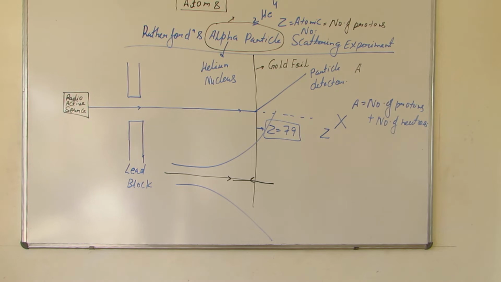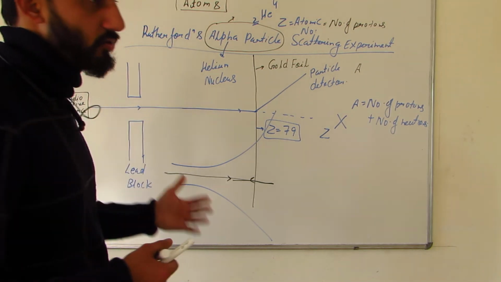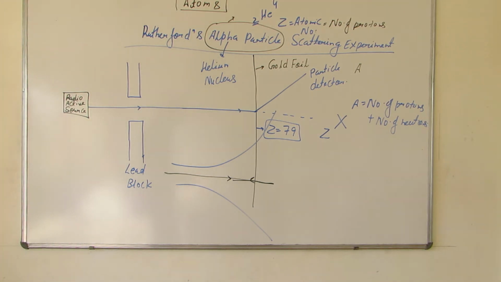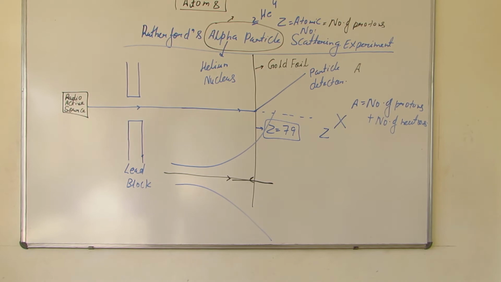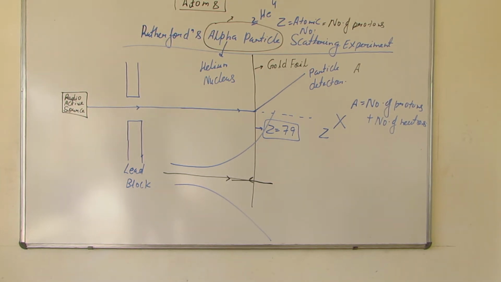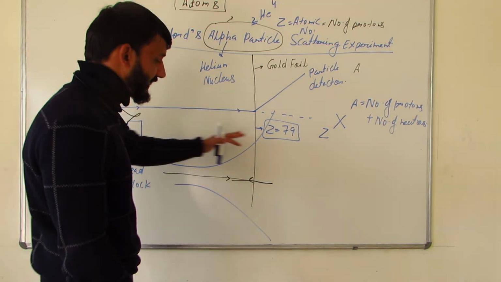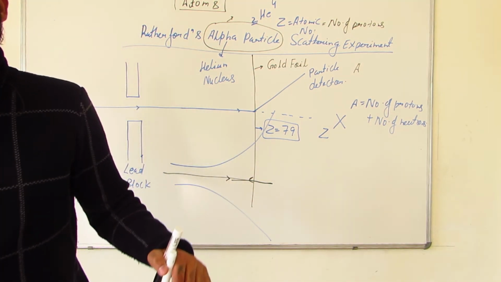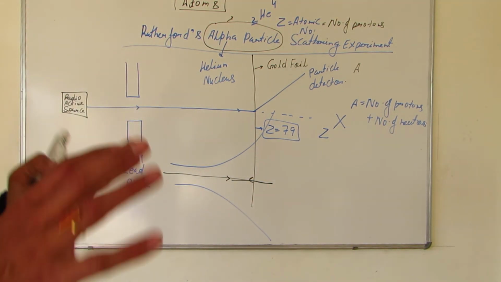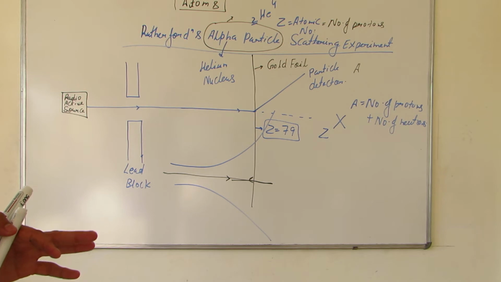Now what would be your explanation? We have made the observations, but what would you conclude from them? The very first thing is that the particles going straight means there was nothing in their way to deflect them.